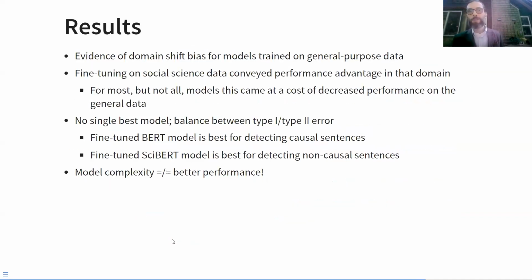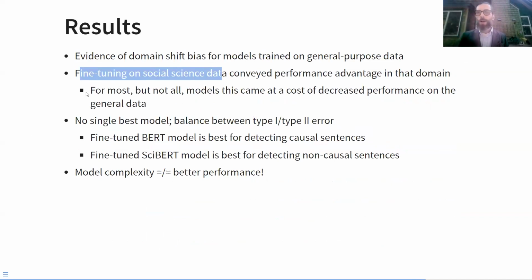So we did find evidence of a domain shift bias from models trained on general purpose data. Fine-tuning on social science data did convey a performance advantage. For most, but not for all models, that came at a cost of decreased performance on the general data. So the model becomes more specialized in the specific subfield you fine-tune it for. But there was also no single best model.